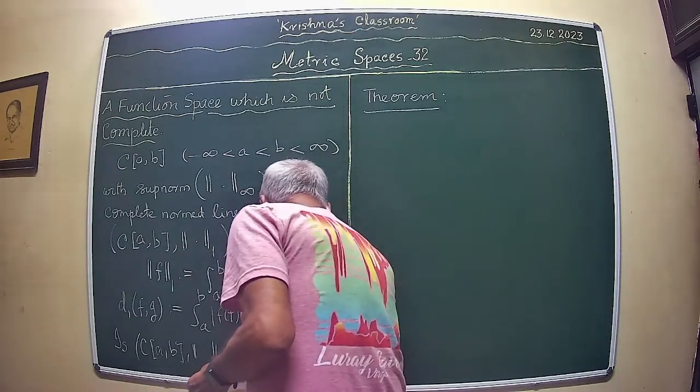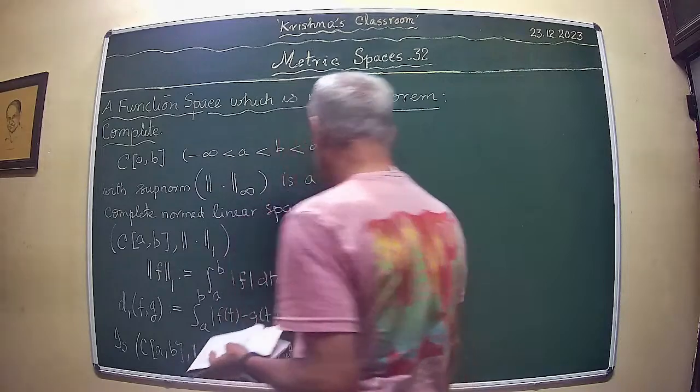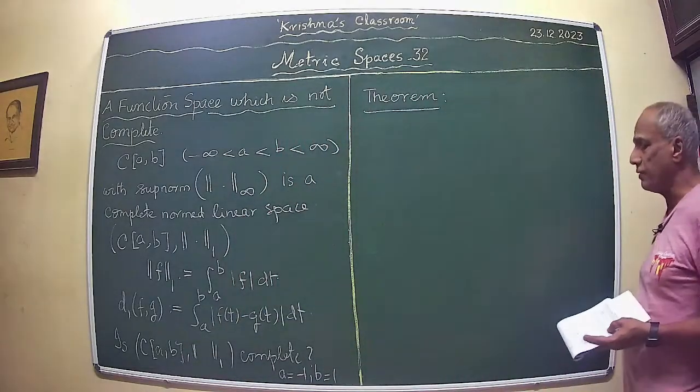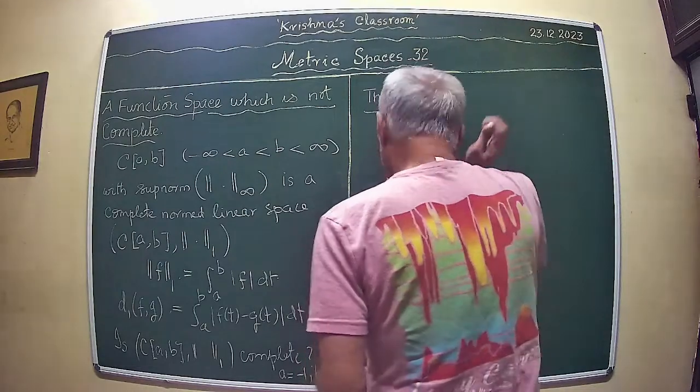We choose a equal to minus 1 and b equal to 1, so that we are working on the interval minus 1 to plus 1.